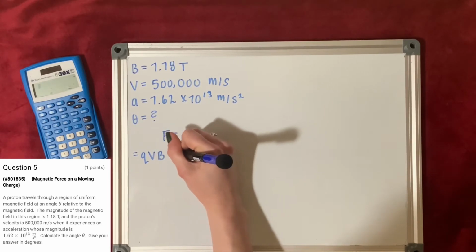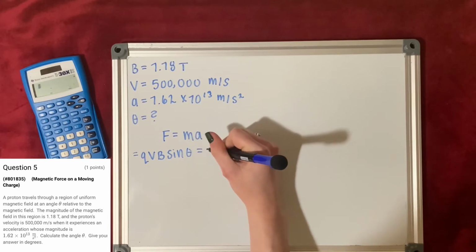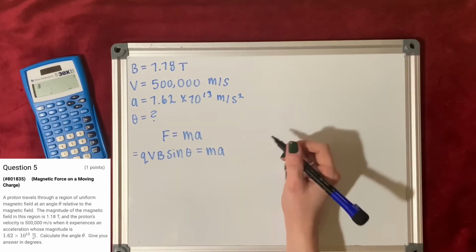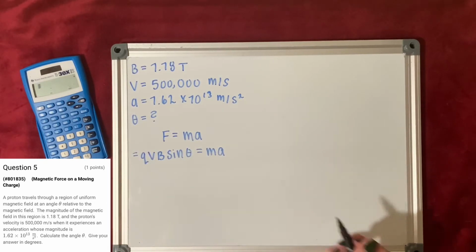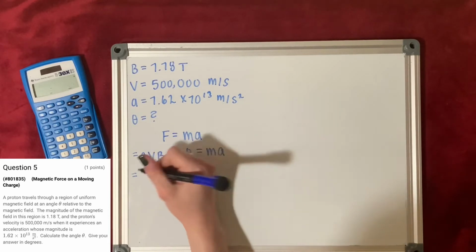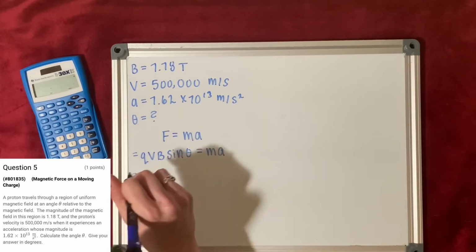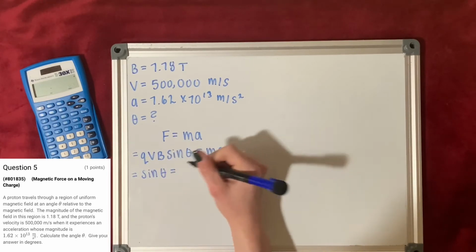F equals qvB sine theta. Okay, we're going to isolate sine theta, putting everything else on the other side of the equal sign.